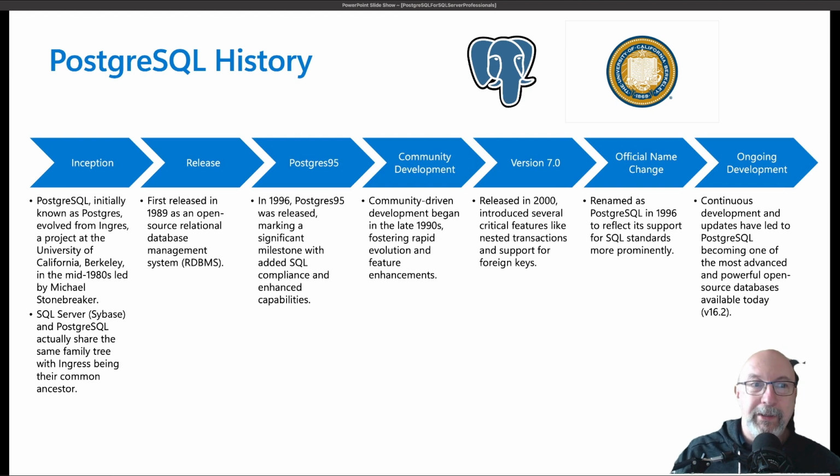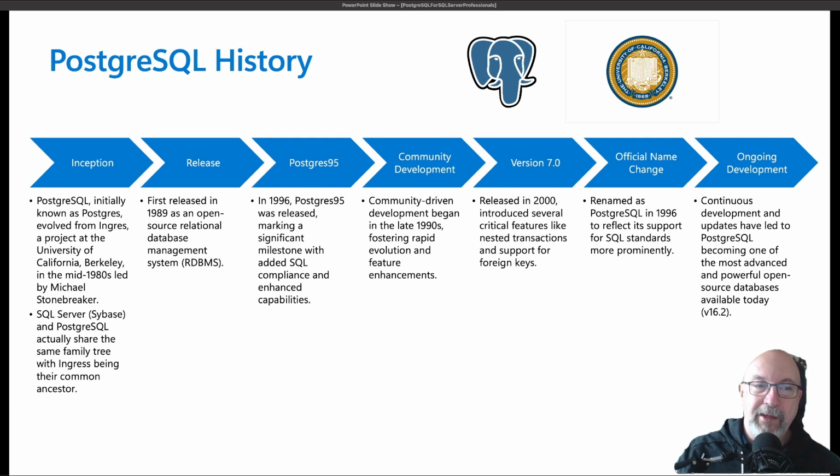Postgres, on the other hand, has its roots in a different database technology called Ingres that was developed in the mid-80s at the University of California, Berkeley, by Professor Michael Stonebraker.